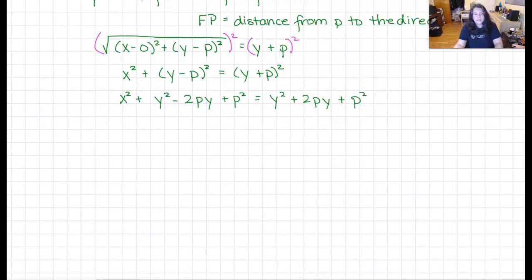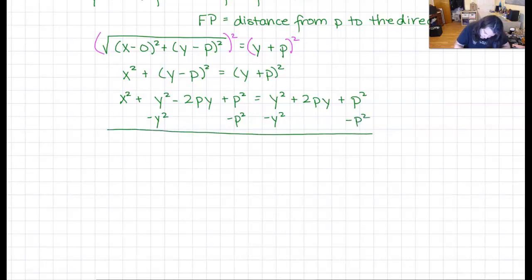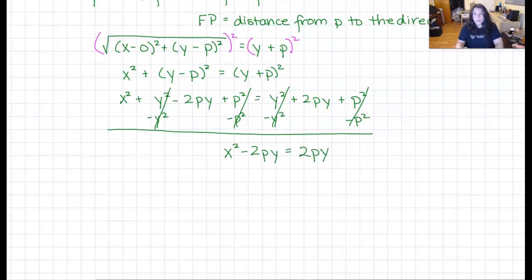Oh, and look at this. I see a y squared on both sides. We'll subtract that. And I see a p squared on both sides. We'll subtract that off. So those are all gone. Now I've got x squared minus 2py equals 2py.